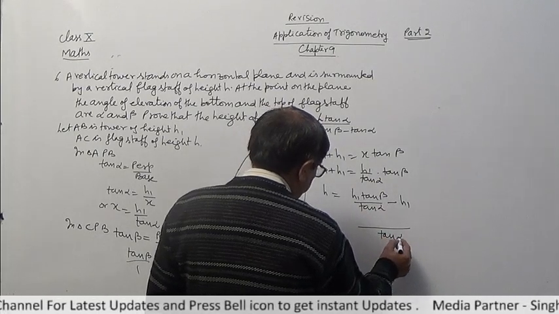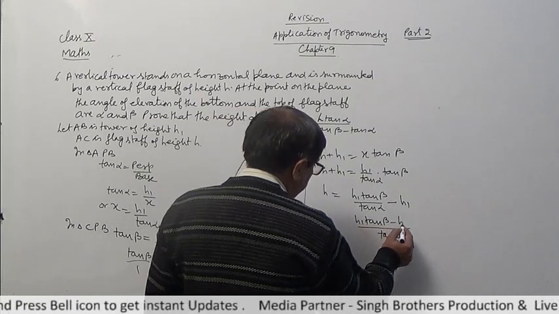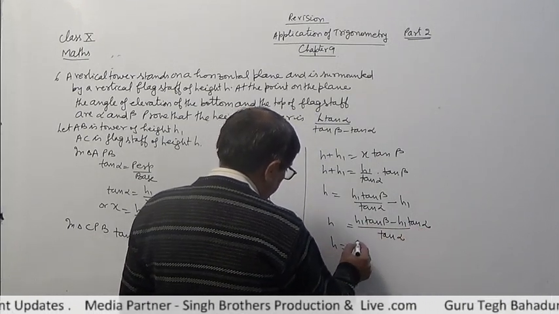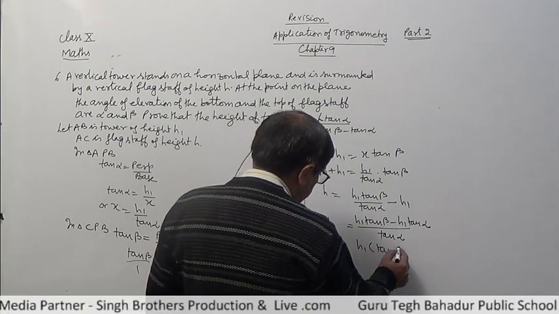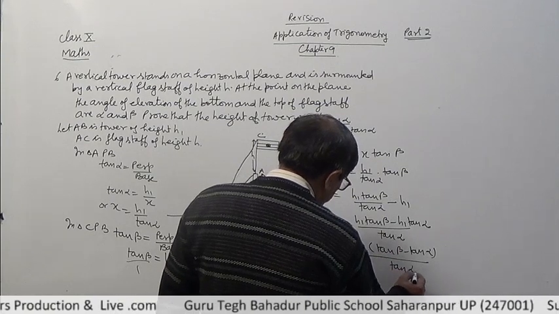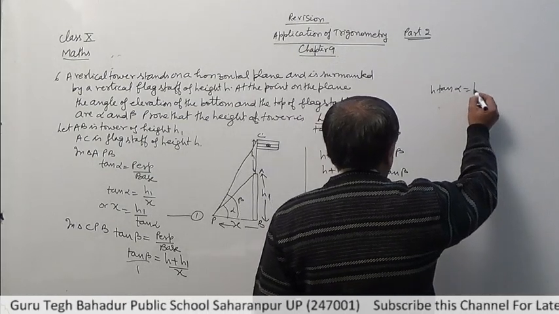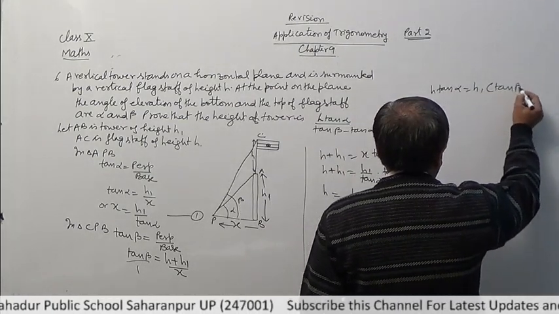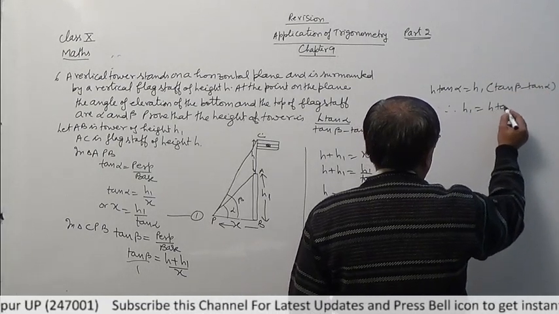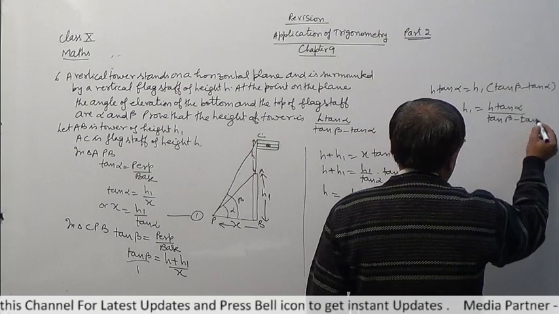Tan alpha is the LCM, so it will be h1 tan beta minus h1 tan alpha. H is equal to h1 common, tan beta minus tan alpha upon tan alpha. Cross multiply, h tan alpha is equal to h1 into tan beta minus tan alpha. Therefore h1 is equal to h tan alpha upon tan beta minus tan alpha. Proved.